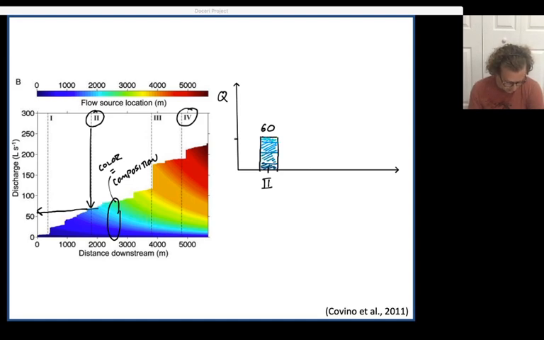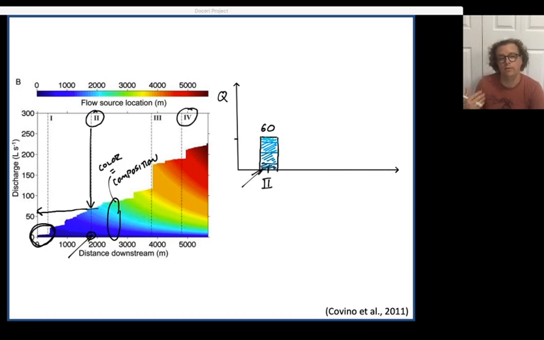So for example, we can see that there is a very thin bar that's comprised of very dark blue water, right? And that's water that originated at the very headwaters of the system, really within the first 500 feet. And then as the bars continue to get lighter and lighter, what you're seeing is contributions from water that has flowed in since the upstream.